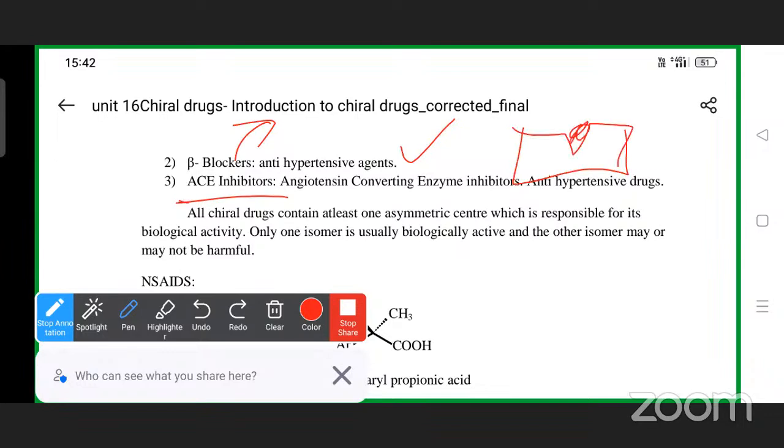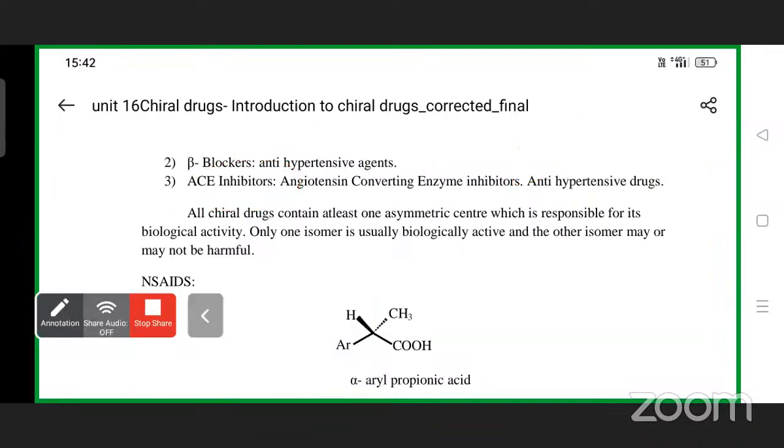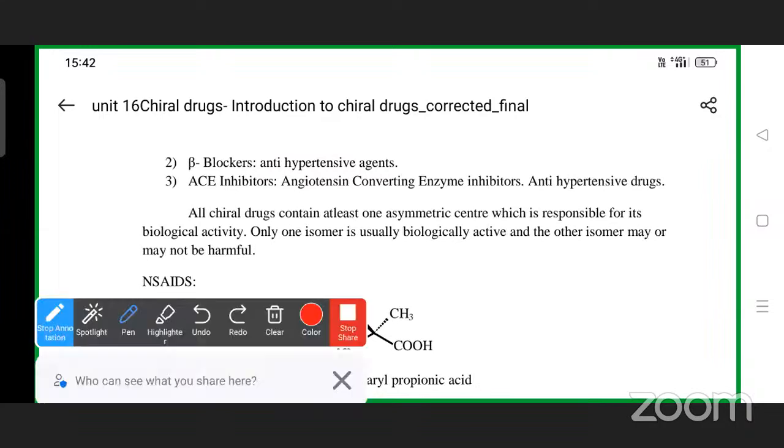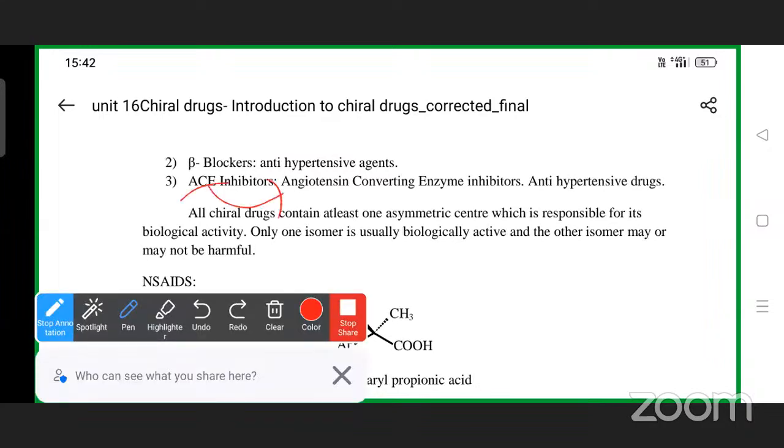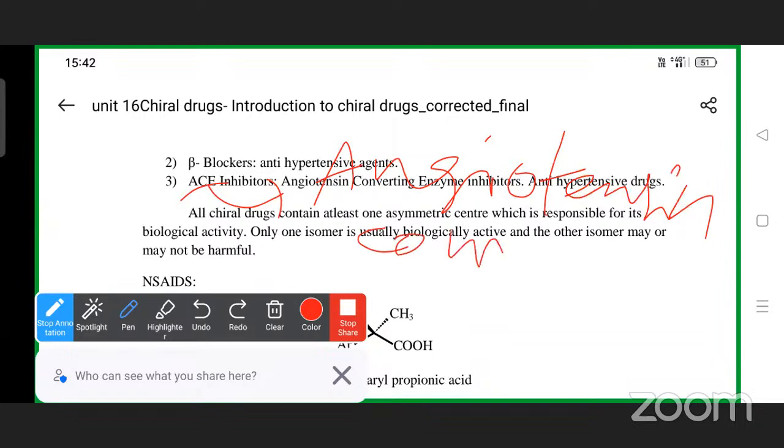And here the ACE inhibitors. ACE means angiotensin converting enzyme, isn't it?